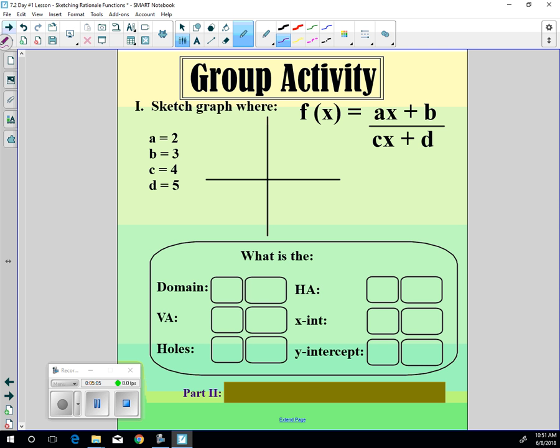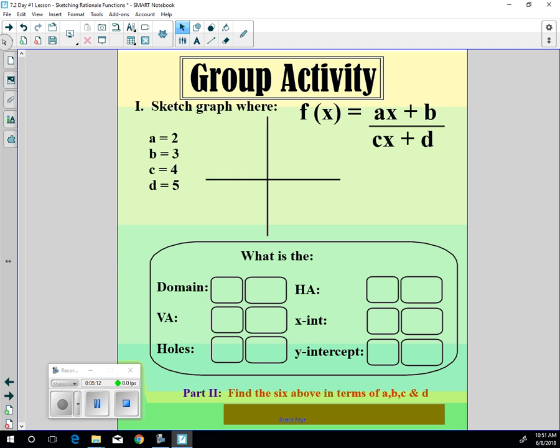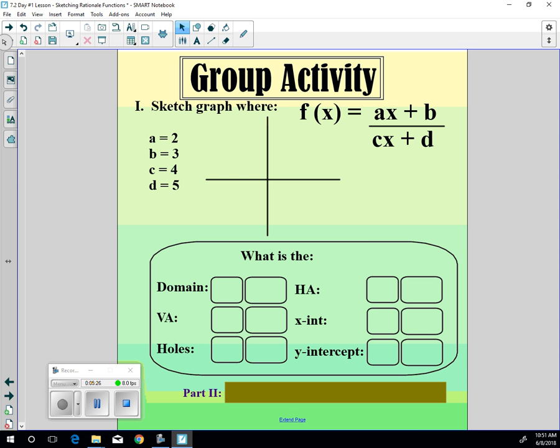See if you can find that, and then eventually do that with just the variables a, b, c, and d. So first, just go ahead and try to put these in terms of 2, 3, 4, and 5, and then see if you can do them in terms of a, b, c, and d, and see if you find some pattern. So those are two extra things to do. I think you might find them interesting. You don't have to do them.